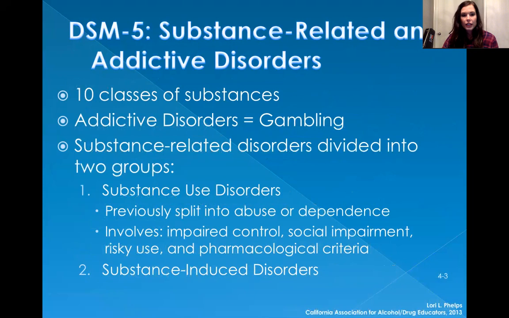This involves impaired control, social impairment, risky use, and pharmacological criteria. And substance-induced disorders. So substance use disorders involve using a drug and having some negative consequences, and then substance-induced disorders involve actually having another disorder, like bipolar disorder or psychosis, that's induced by the use of a substance.